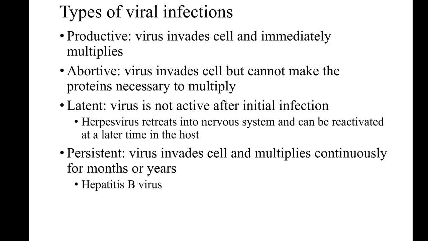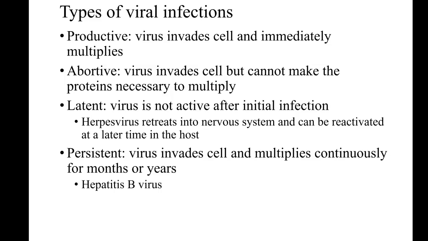A latent viral infection, this is where there's some activity during the initial infection, but then it kind of hides out and then it could possibly come out later on. We usually think about latent viral infections as being associated with the lysogenic cycle. Remember, they're going to kind of creep in and hide out. We talked about some of those latent viruses like the herpes virus that can hide out in the nervous system and then it can reactivate later on.